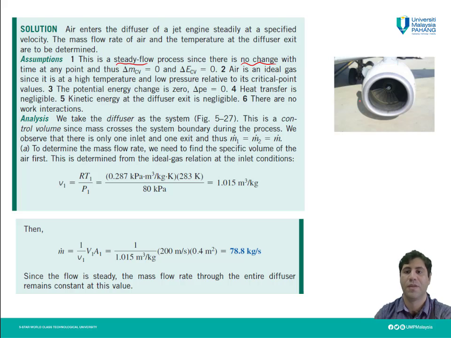If we select the control volume as I have shown here, then the change in the mass of the control volume, delta MCV, will be 0, and the change in the total energy of our control volume, delta ECV, equals 0. This means E in is equal to E out, or E dot in is equal to E dot out. This is according to our first assumption, a steady flow.